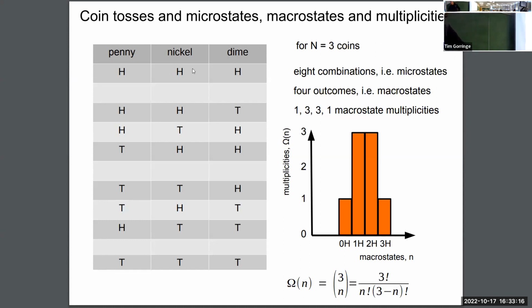So I just made a table of something we talked about last Wednesday's class, where we imagined tossing coins.